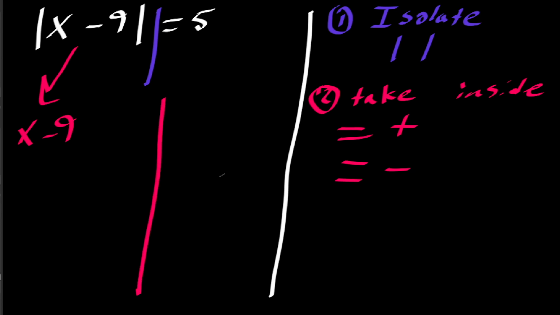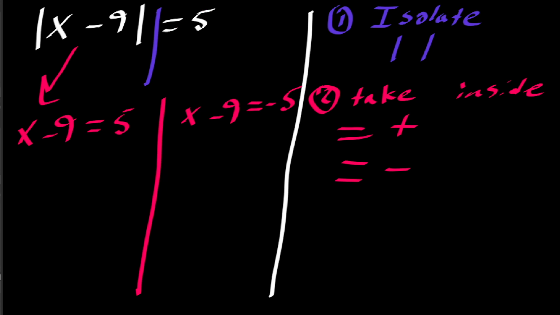Now I'll draw a line down the middle, and then on this right side we'll also have x minus 9. But they're going to be equal to two different things. The first one's going to be equal to 5, which is the positive version of this. The second one's going to be equal to negative 5. So all we do is make the second case negative. Okay, we take out the absolute value signs, but we keep first what's on the opposite of our equal sign. Then for the second case, we make it negative.